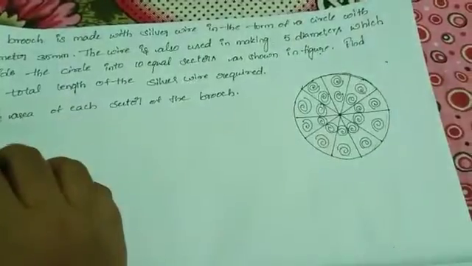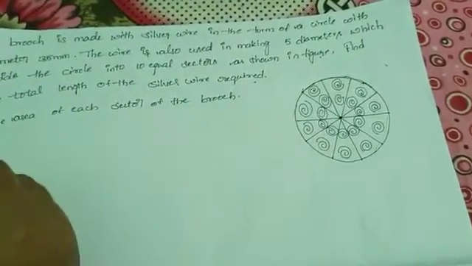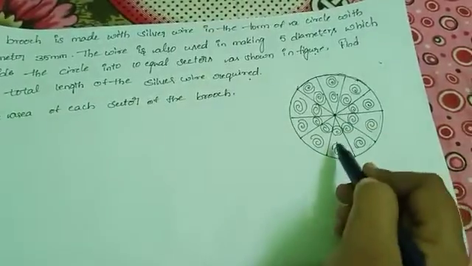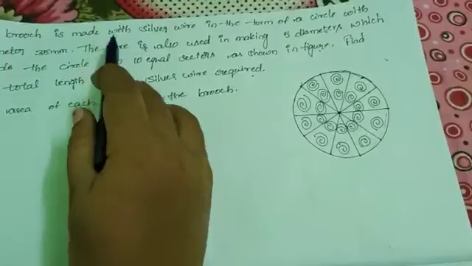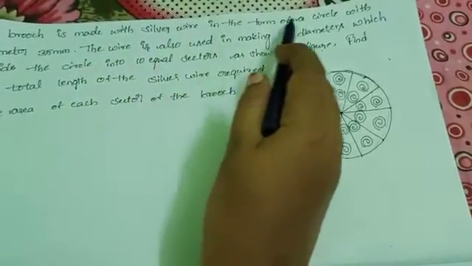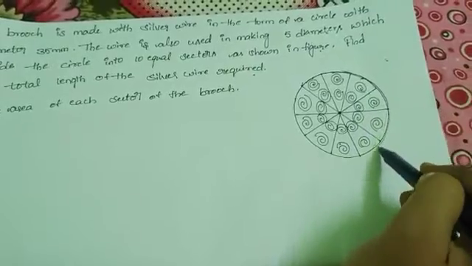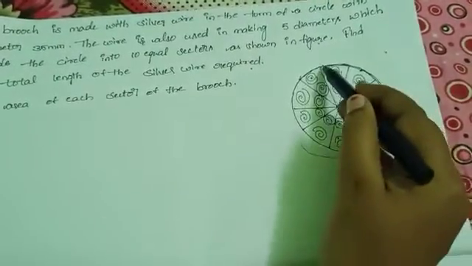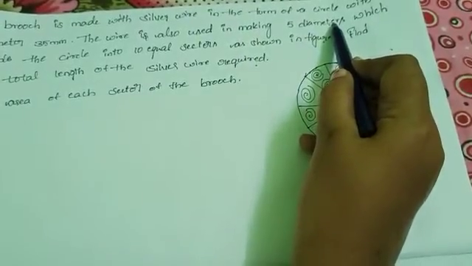Find, first question, the total length of the silver wire required. Where do we use silver wire? Outside, the brooch is made with silver wire in the form of a circle. So silver wire is used outside as well as in making 5 diameters.